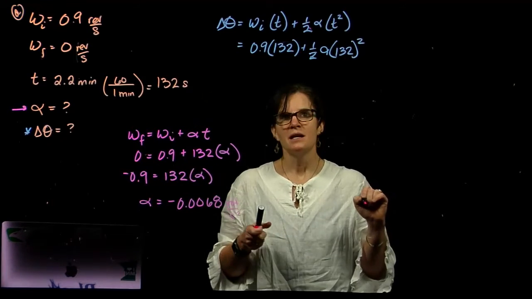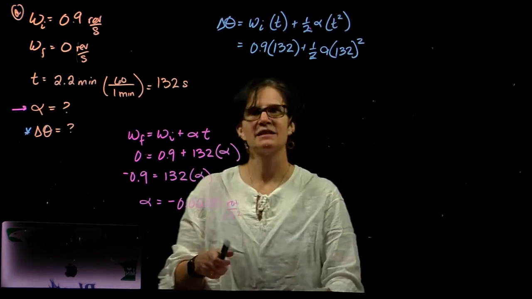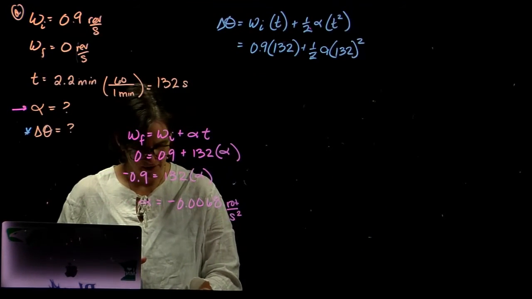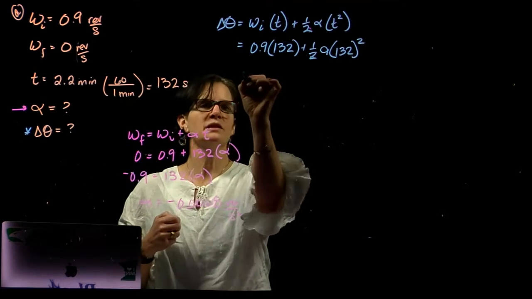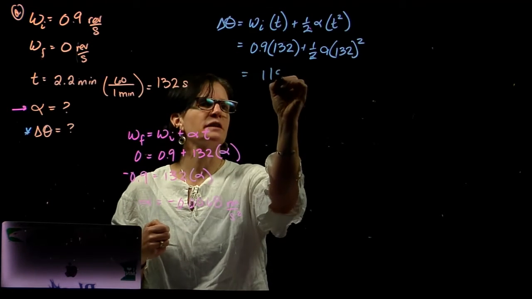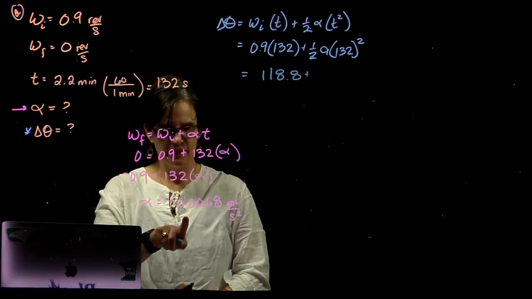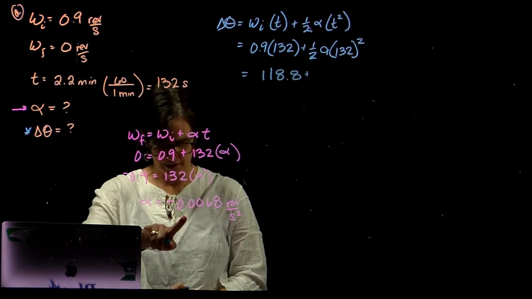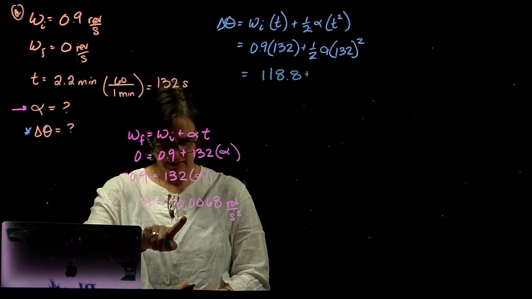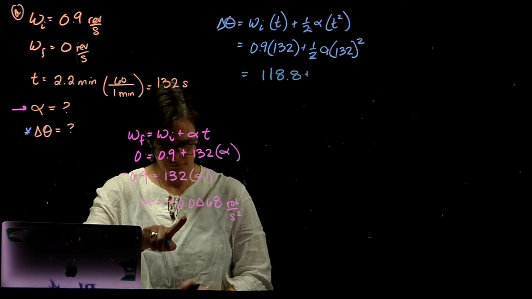All right, so let's use that in this relationship. We have 0.9 times 132, which is 118.8, plus 0.5 times negative 0.0068 times 132 times 132.